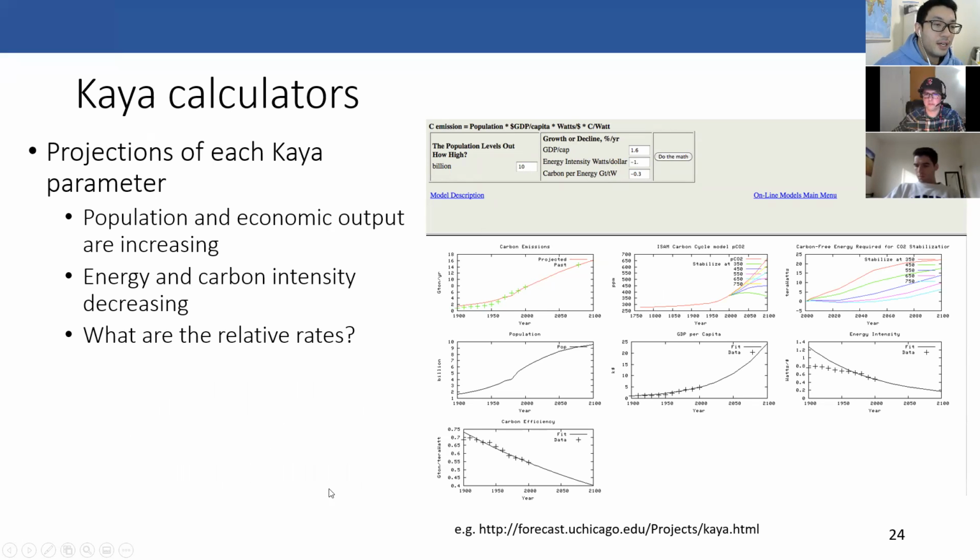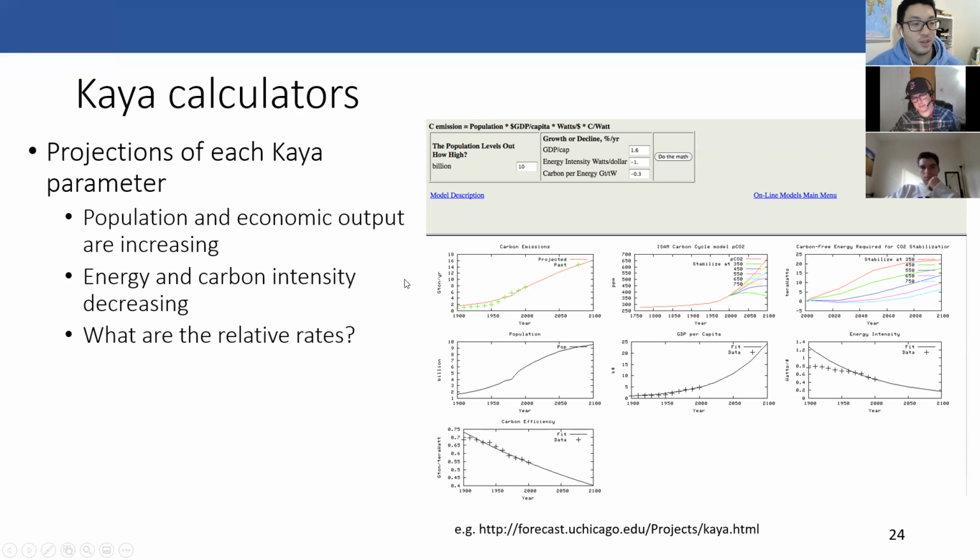There are a bunch of different calculators that you can use to look at this. This is a particular example where you can do projections of each of your different Kaya parameters. What happens if population and economic output are increasing, but energy and carbon intensity are decreasing?